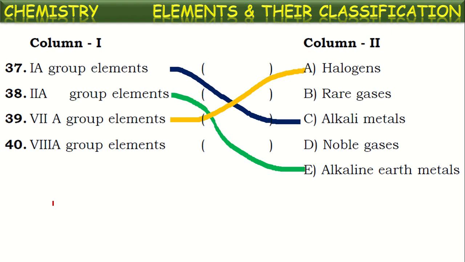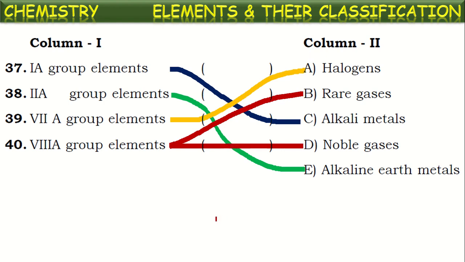That is why these elements are specially called noble gases or inert gases, and they exist in very rare quantity in the atmosphere. That's why they're also called rare gases. See here. So 8A group elements are called rare gases and noble gases also.